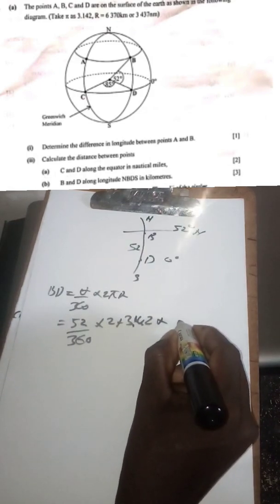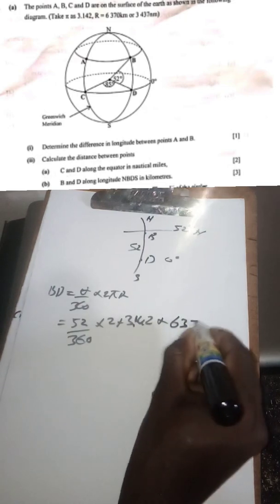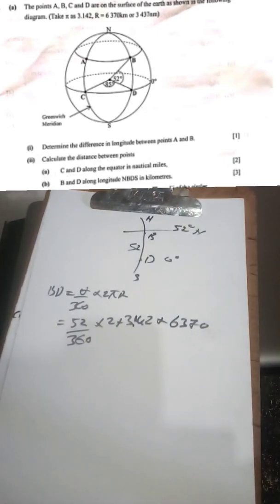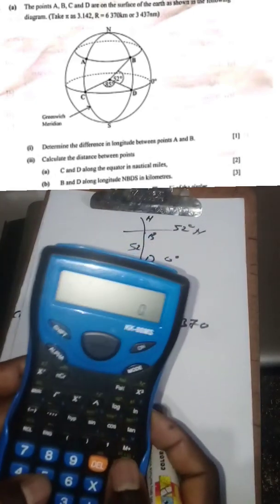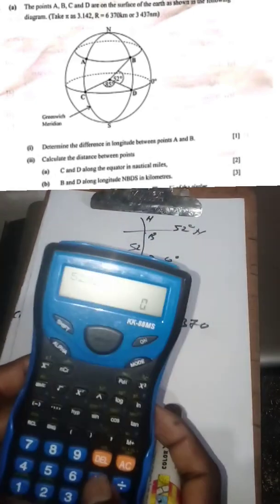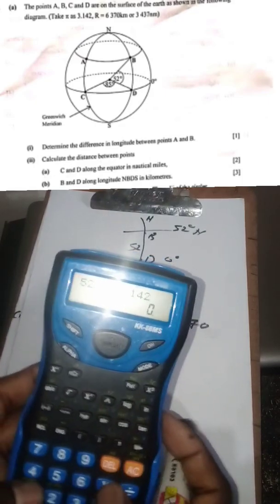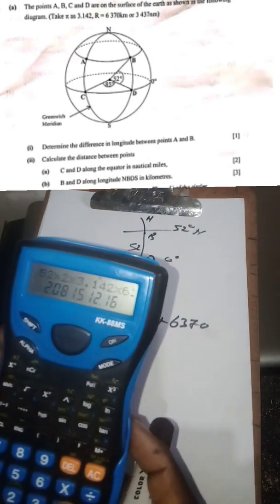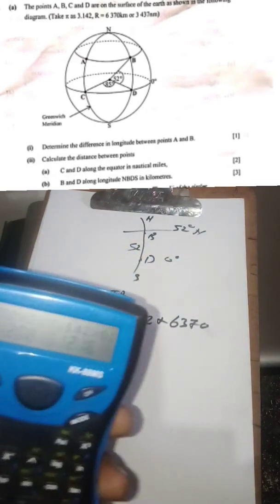Now it's 6,370. All right, so when you go to your calculator, we say 52 multiplied by 2 by 3.142 multiplied by 6370. What you're going to get is this figure here.